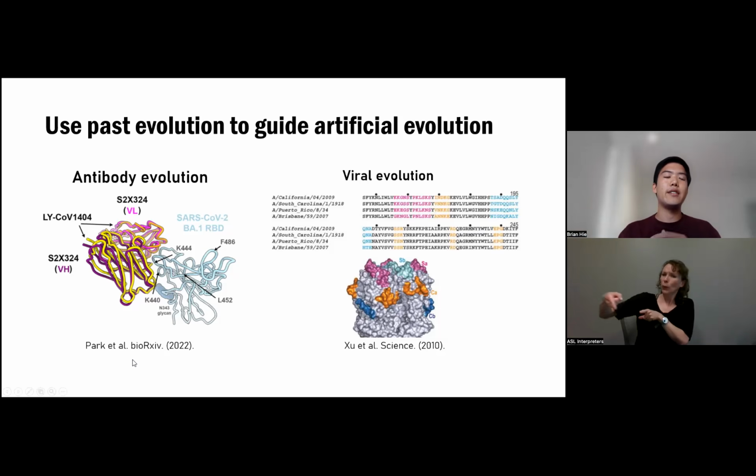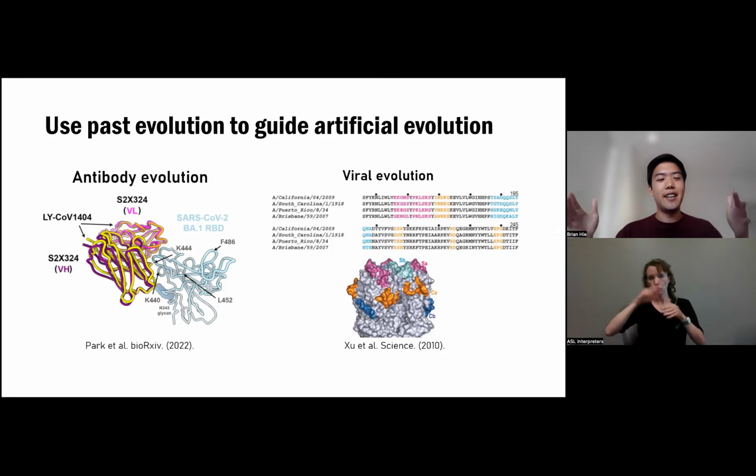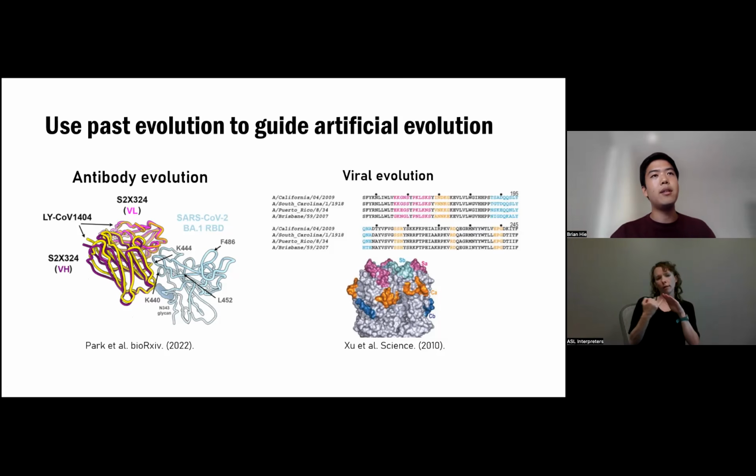For antibodies, for example, it's now been shown across multiple pathogens that two individuals that are completely different will, in many cases, evolve very similar antibodies to the same antigen. This is a very recent example. These are two antibodies. One is this antibody from Eli Lilly, bebtelovimab, and the other is this antibody S2X324, which was isolated by the Vista lab.